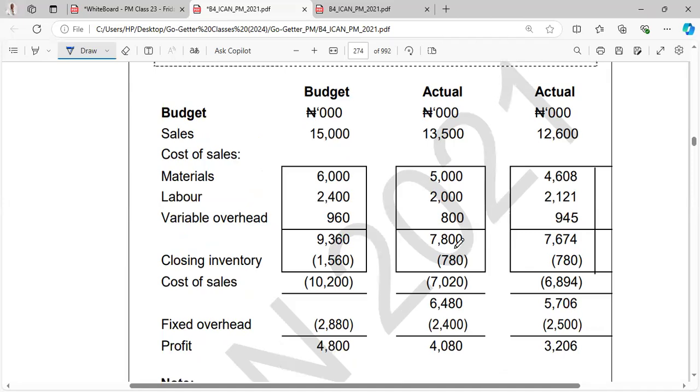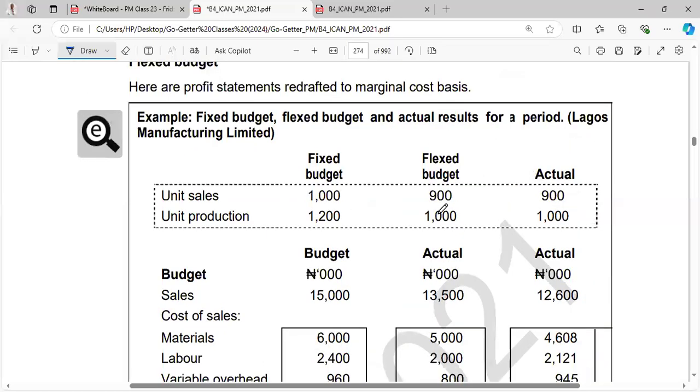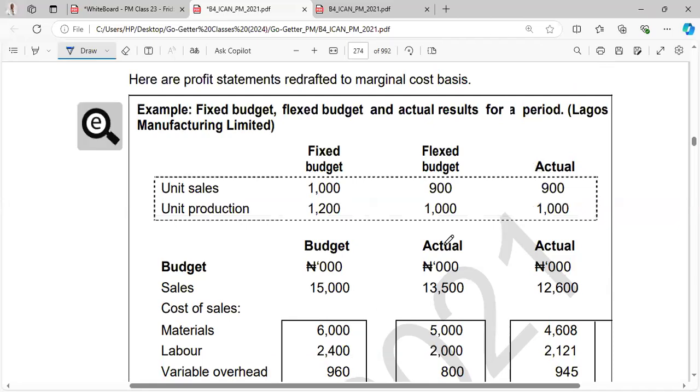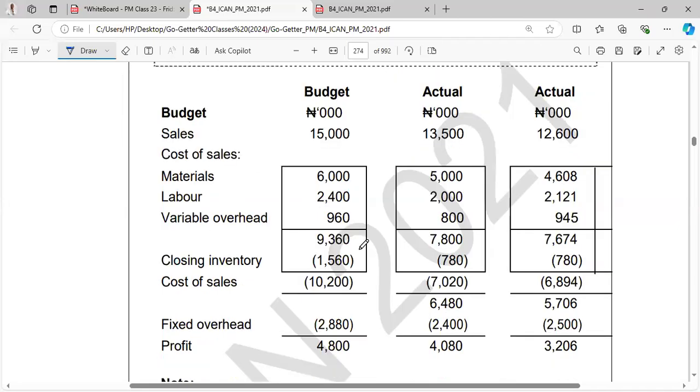Now, can you see that your cost happens to be 7.8 here because you made a unit production of 1,000 units? Your cost happens to be this variable cost. Your closing stock, I said, is valued at 7,800. So that's how you got this. And we said closing stock is always at standard.